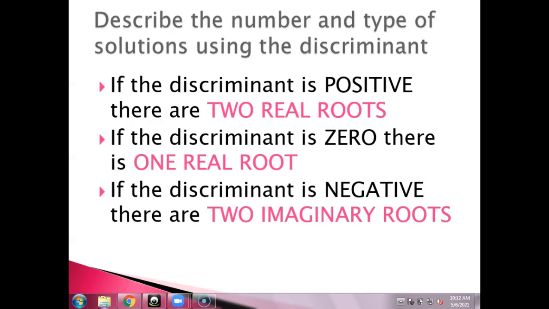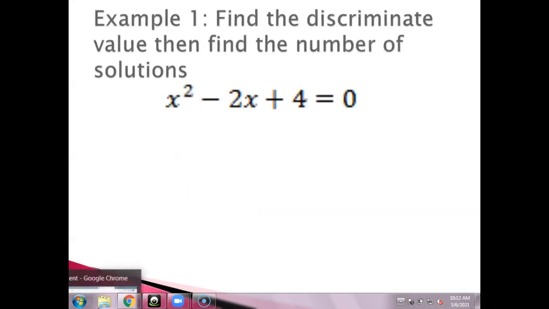All right. So, in example number 1, it says, find the discriminant value, then determine the number and types of solutions. To find the discriminant value, you are going to make sure it is in standard form.